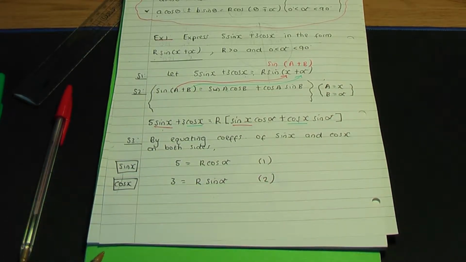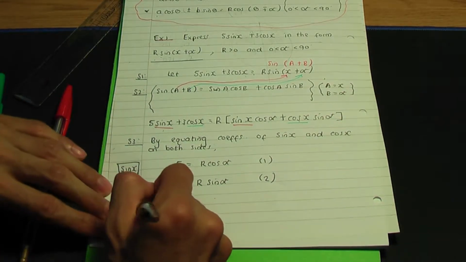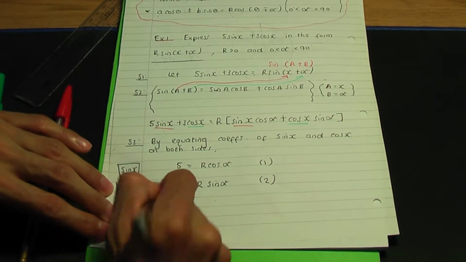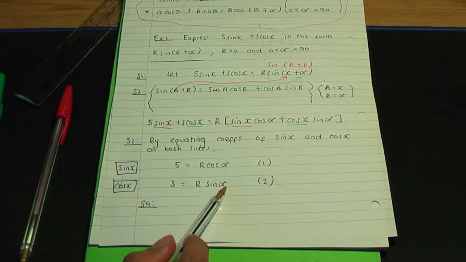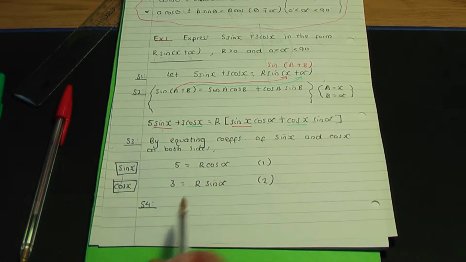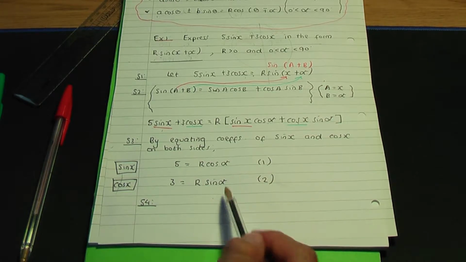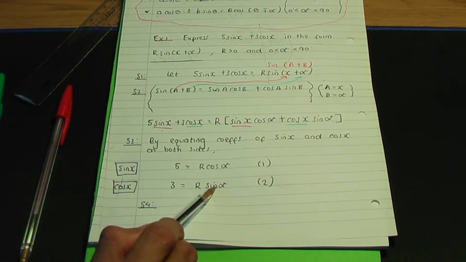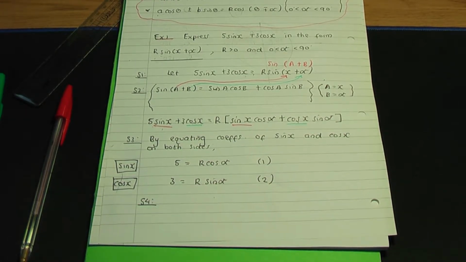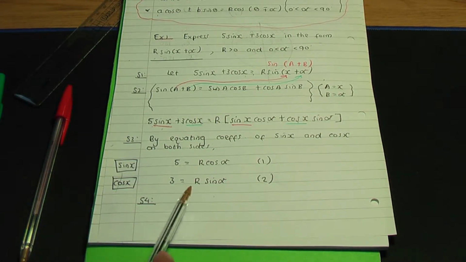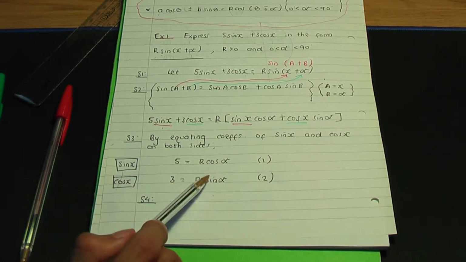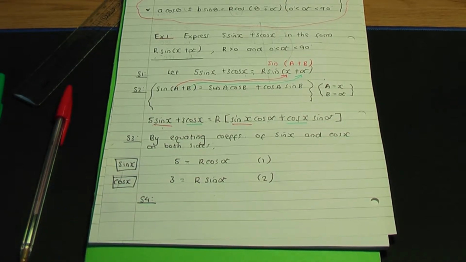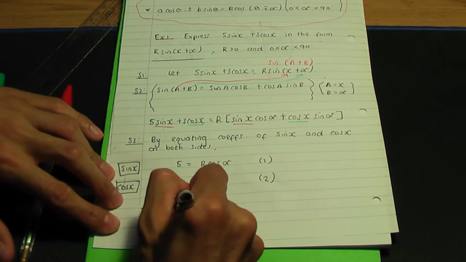Let me explain step number 4. Now in step number 4, let me show you how to work out alpha first. In step number 4, divide your equations in the order of the sine equation over the cos equation. In other words, I'm going to divide 2 by 1 so that I have a sine over a cos.